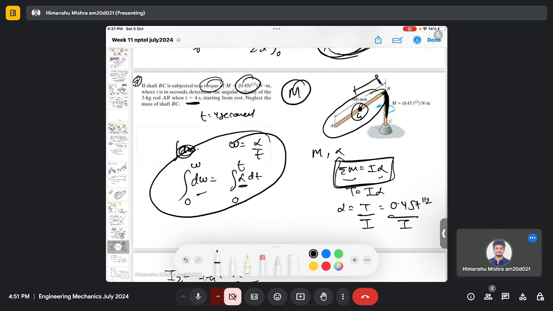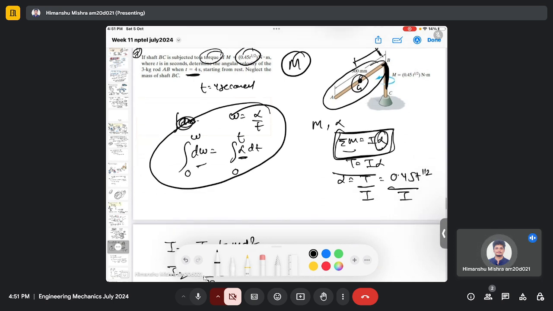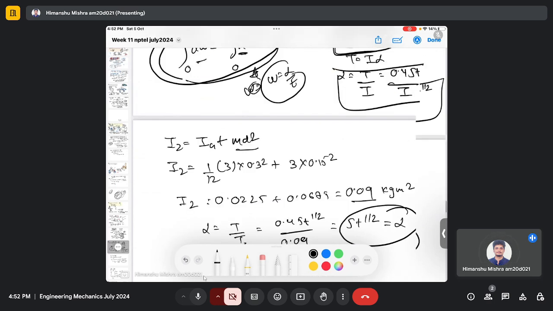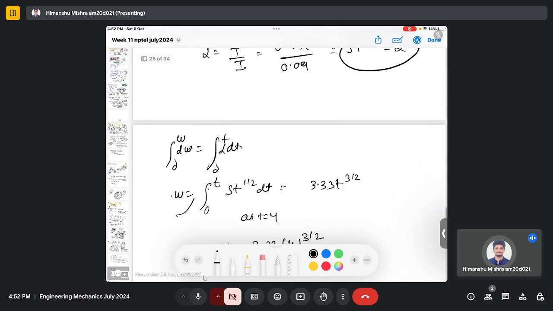Once we find the angular acceleration from torque divided by inertia, we can use the kinematics relation, where the rate of change of angular velocity is the angular acceleration, and integrate this equation.